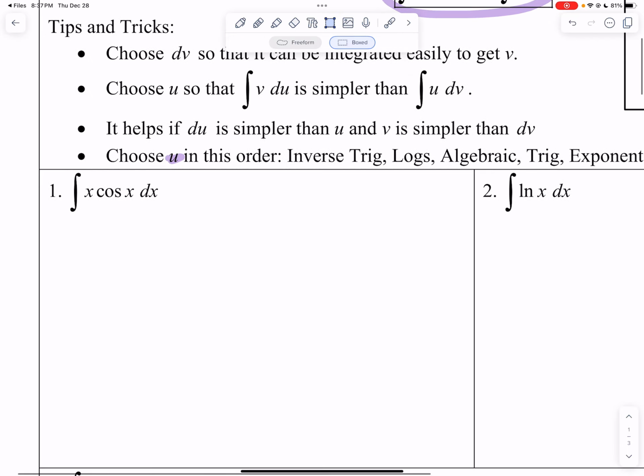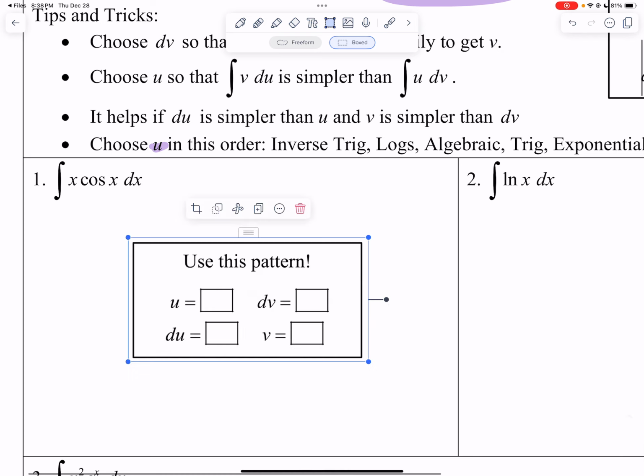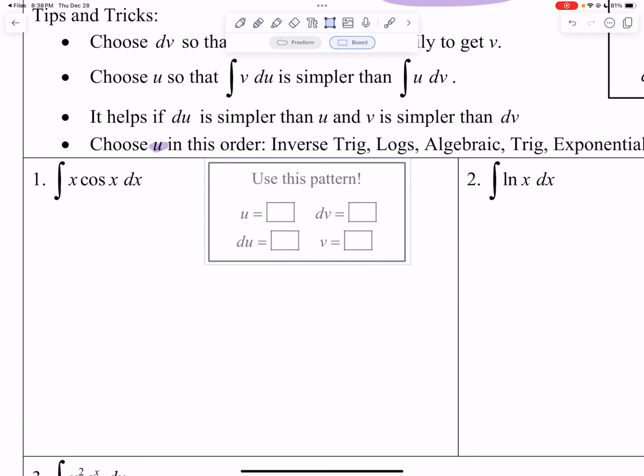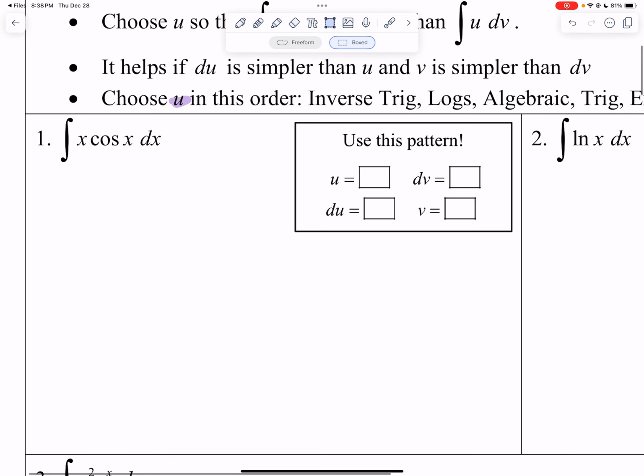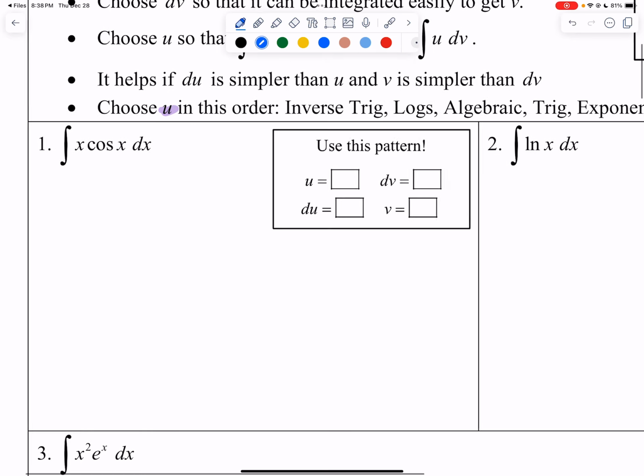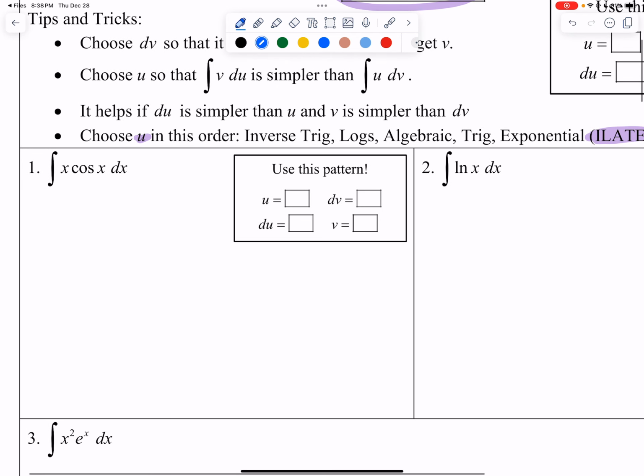As a disclaimer, my u's and my dv's are not going to be pretty because I write my v's like u's and u's like v's. If you're the type of person that does that, maybe choose another letter just to help you a little bit. But let's go ahead and do number one.